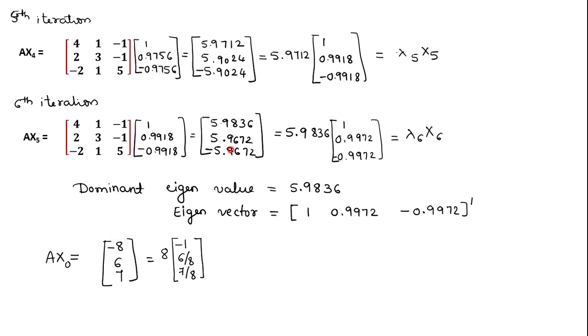The matrix multiplication can also be done in the calculator. Press shift, then keep the calculator in matrix mode, and then press shift and the key 4. It will appear as dimensions.